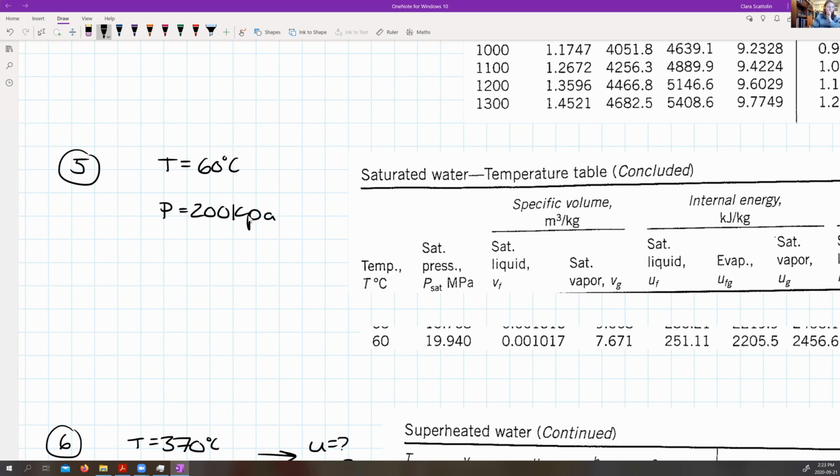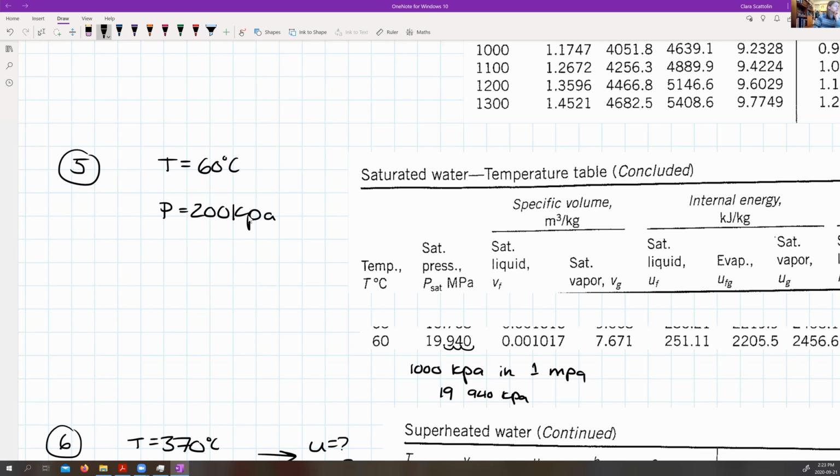So there's 1,000 kPa in 1 MPa, which means if I move this over by 3, I'm at 19,940 kPa. Okay, that's where we're at. I just got the numbers backwards in my head.